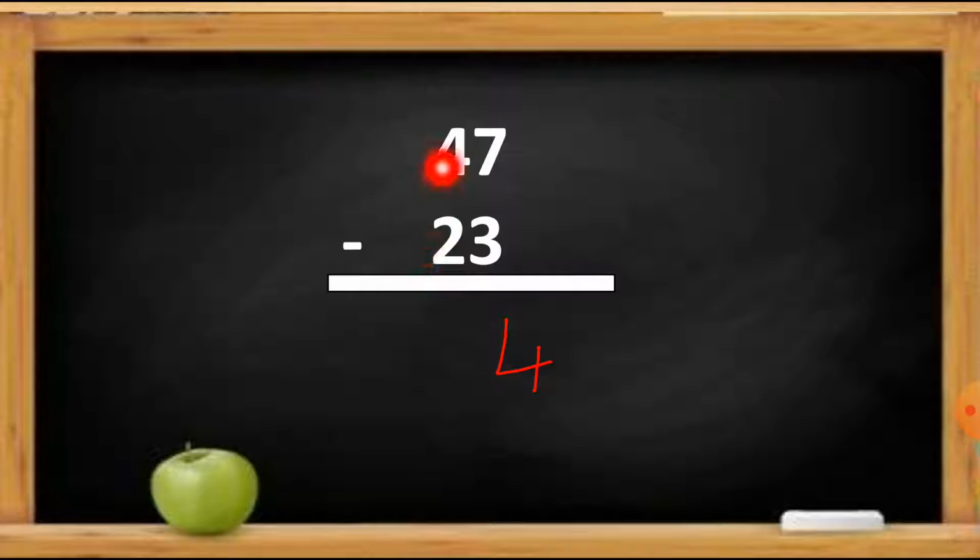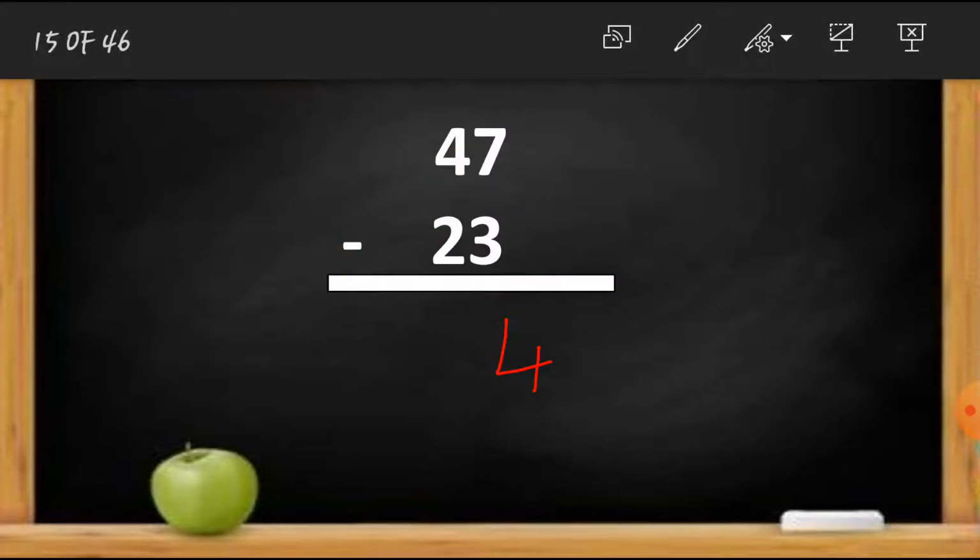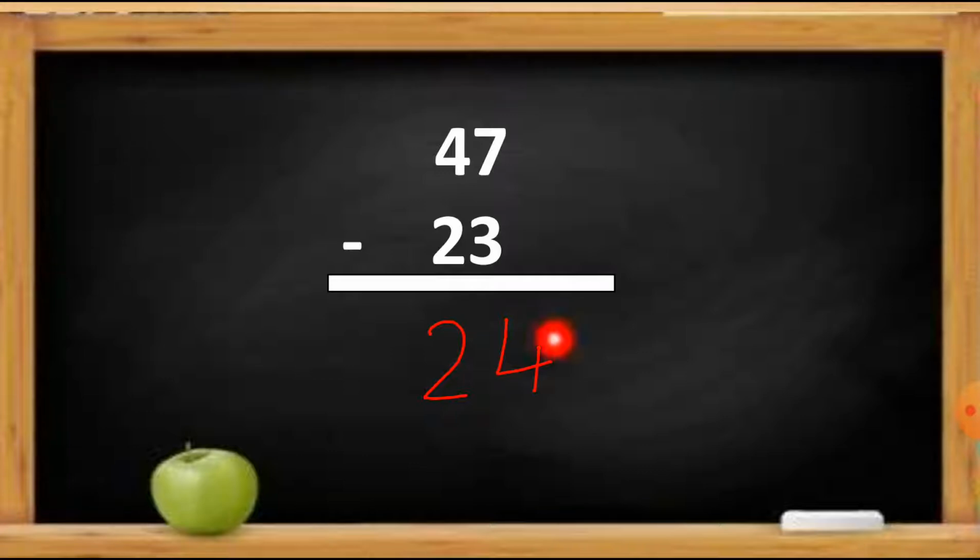So students, 4 minus 2 is equal to 2. So I write 2 under the tens column. So how many pencils are short? So you can write down the answer that 24 pencils are short from this 47 pencils. In which style do we write the answer?